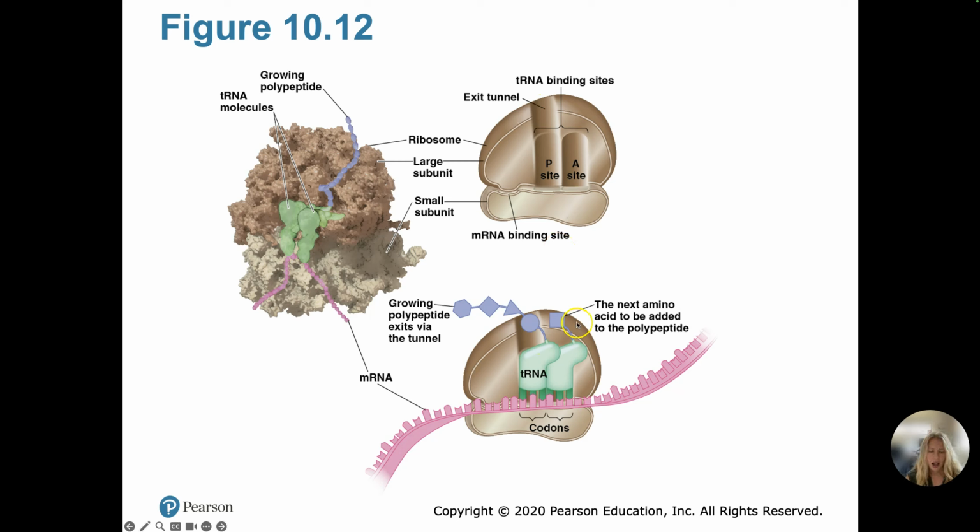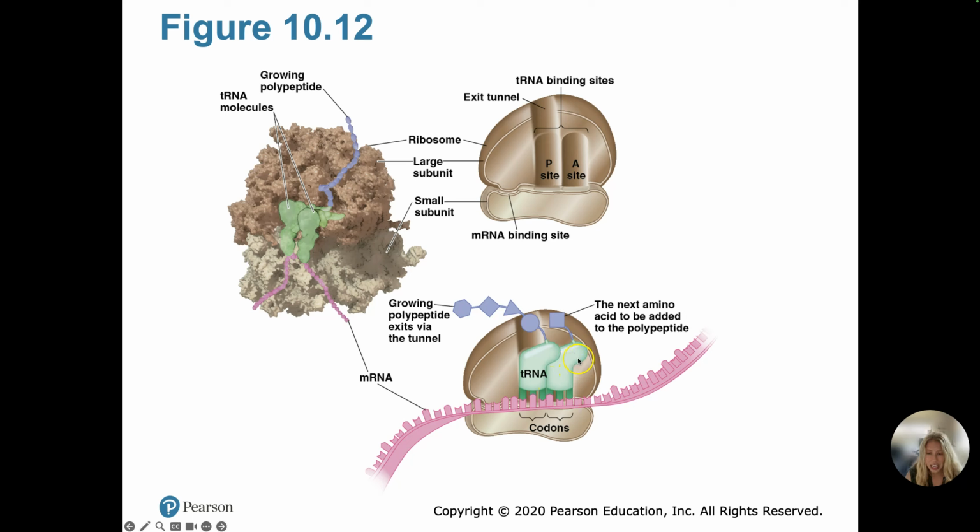If we take a look at the visual of this with mRNA and tRNA, we see the largest subunit of the ribosome up here, the small subunit down here. The mRNA is bound to the small subunit, and then the large subunit has bound to tRNA molecules. The growing polypeptide exits via the exit tunnel.